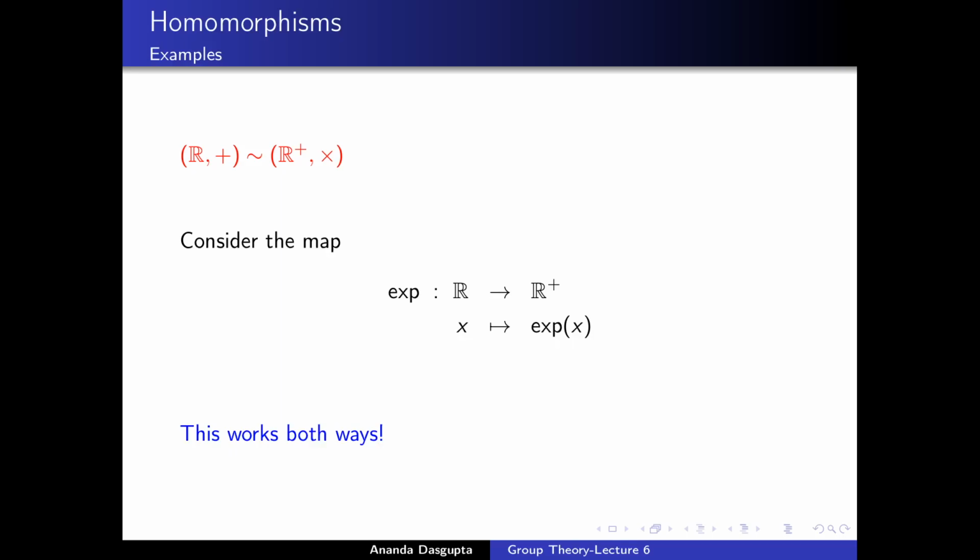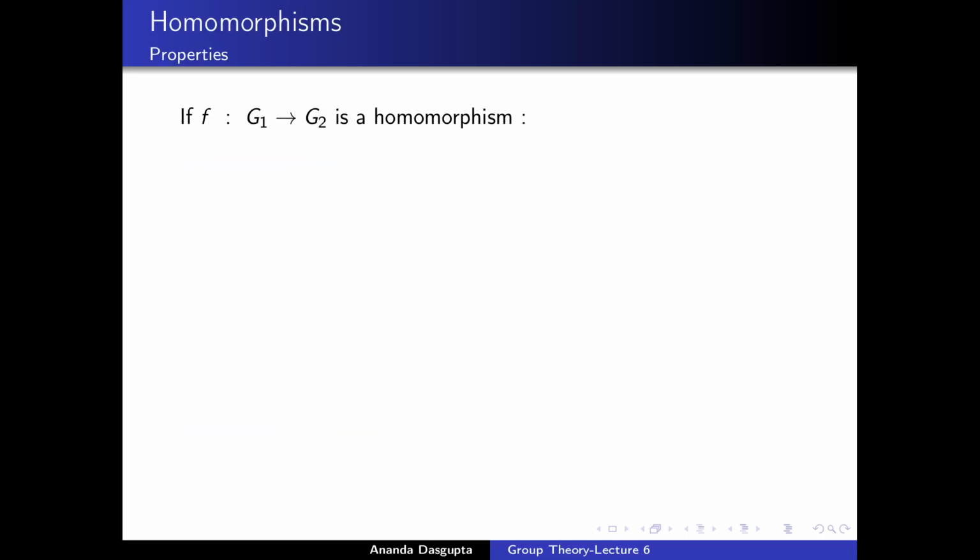Before we start discussing isomorphisms in earnest, let me just quickly recount a couple of very important properties which all homomorphisms have. So, let us consider f, which is a homomorphism between two groups G1 and G2. Of course, f is just a map between the underlying sets, and as usual, we are deliberately confusing the distinction between a group and its underlying set.